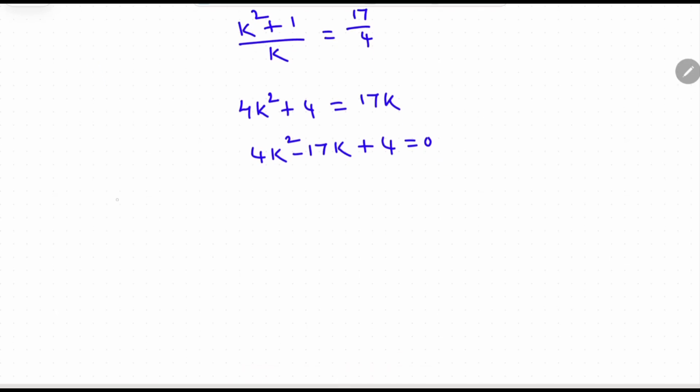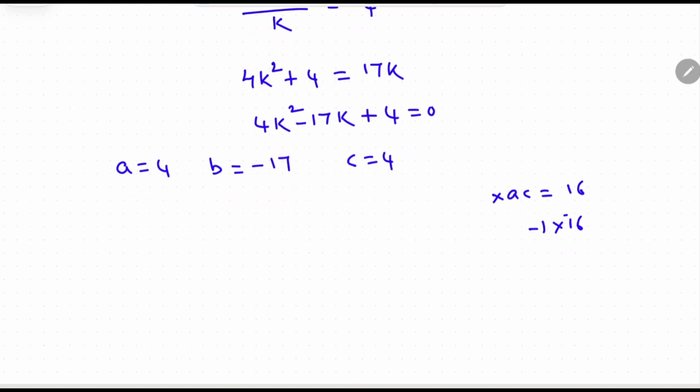Therefore, a value 4, b value minus 17 and c value 4. So by factorization, if I multiply ac, we should get 16. On addition, we should get minus 17. So we can write 1 into 16, actually with both negative.